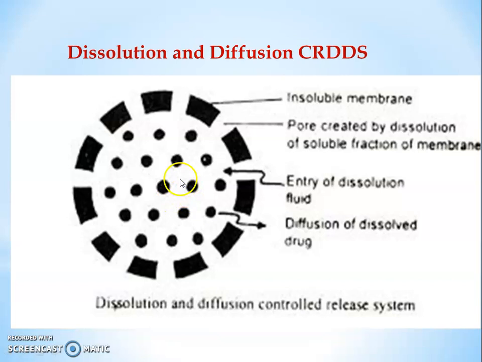The drug dissolved inside the system may be diffused through the small pores formed in the membrane, and thus it gives slow release in a controlled manner for a prolonged period of time. Thus this is the combination of dissolution and diffusion type of drug delivery system.